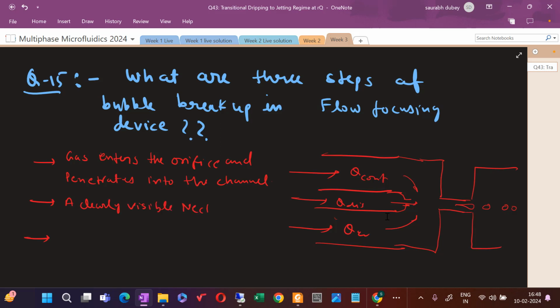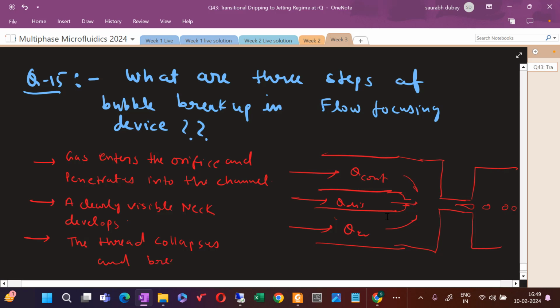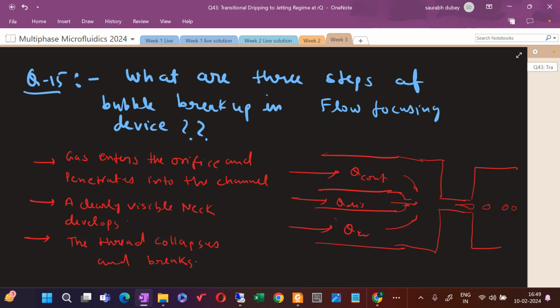Then the thread collapses rapidly and breaks because of Rayleigh-Plateau instability. The thread collapses and breaks. Okay, so that is the one thing.